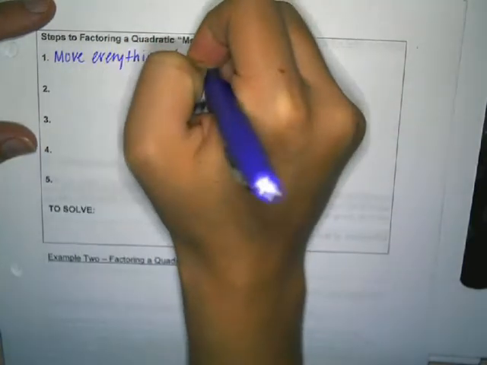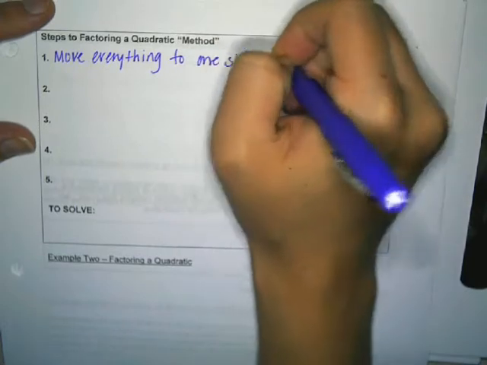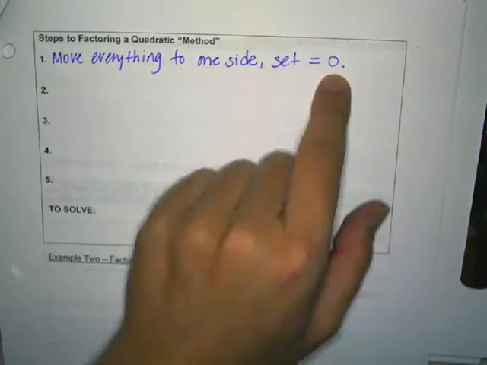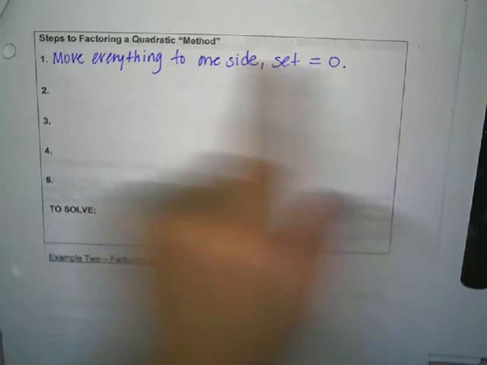You're going to first move everything to one side, set it equal to 0. This is only needed if you have an equation. So if there's an equal sign in the problem, then move everything over to one side and get it equal to 0.